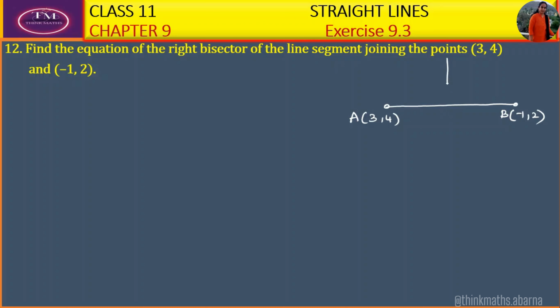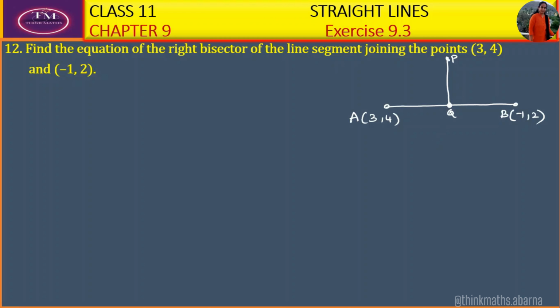So right bisector means, let PQ be the right bisector. Then if PQ is the right bisector of AB, this Q will be the midpoint of AB, because bisects means it divides the line into two equal halves. So AQ will be QB. So Q is the midpoint of AB.